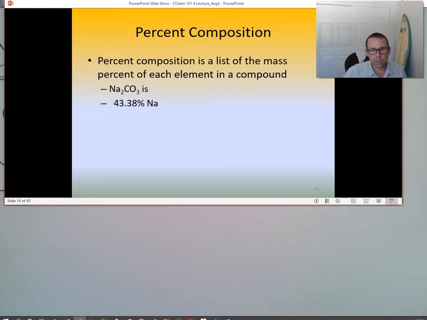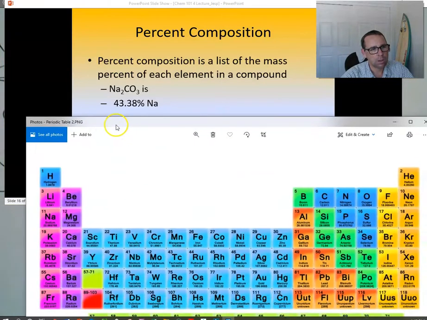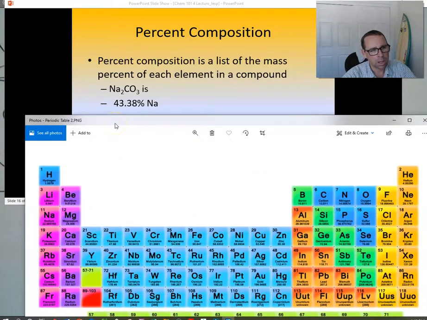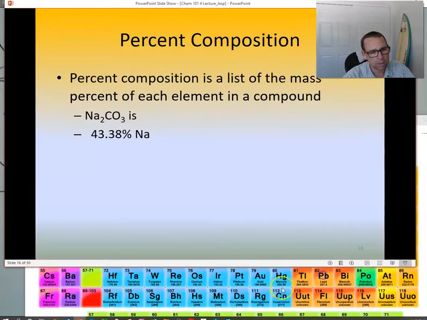Now, do you remember how we would identify what the mass of 1 mole of sodium carbonate is? Remember how we do that with the periodic table? Yes, it shows the atomic mass. And if we're looking for sodium carbonate, what atoms do we have to look for then?